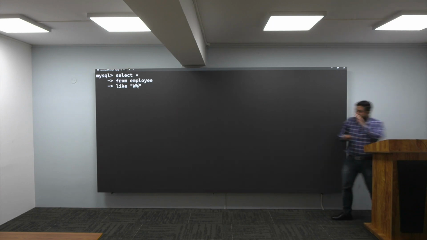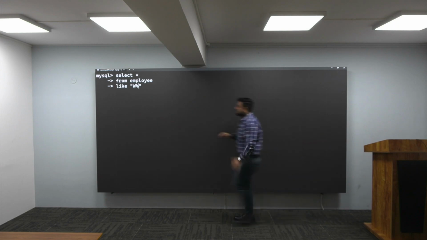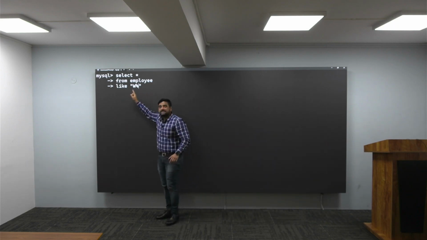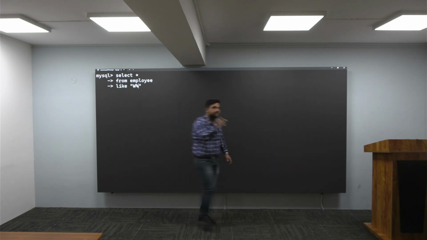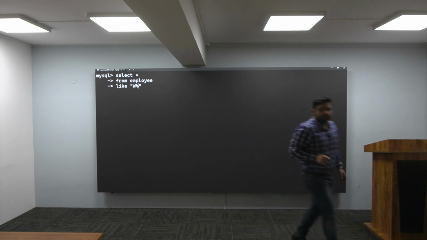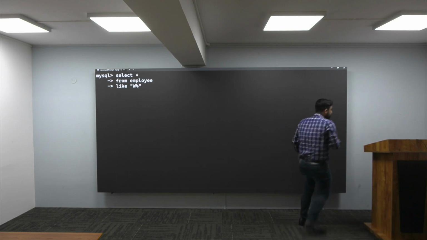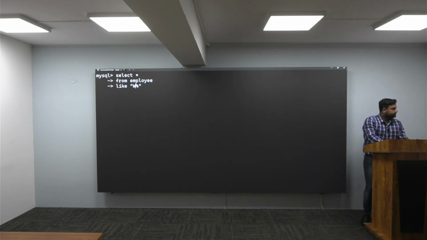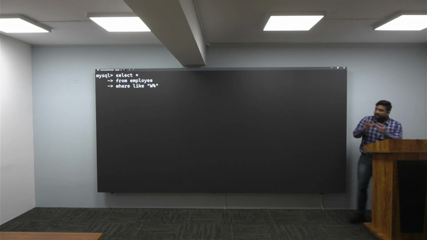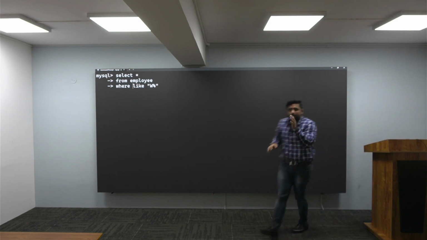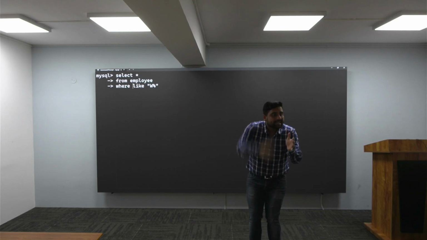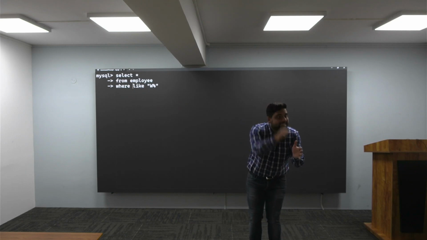My friend, please try to understand, whenever you are using the LIKE operator, you have to use it in your WHERE clause. Let's put the WHERE clause. After the WHERE clause, you have to put your column name, inside which we have the data. Where do we have the first name?